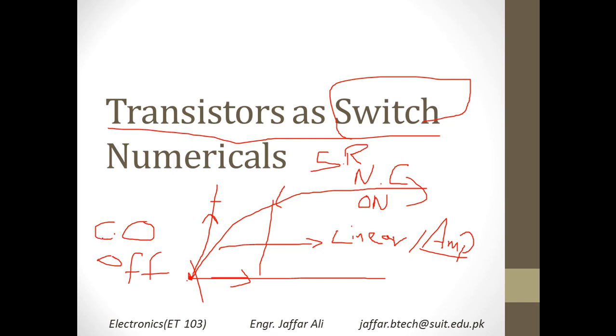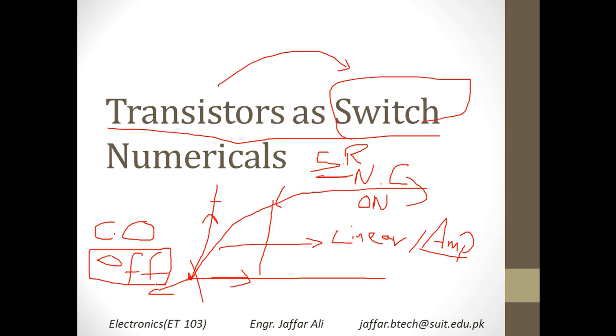If the circuit is normally open, the switch is termed to be off. This is the cutoff region, and this is the saturation region. So in the saturation region, the transistor acts as a closed switch. It means the circuit is on, and in the cutoff region, the transistor acts as an open switch. It means the circuit is switched off.